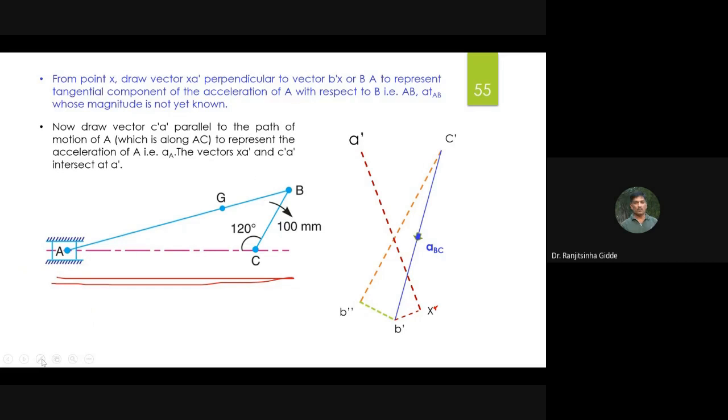This is the space diagram, so here you are going to draw one vector like this. This one is the intersecting point.